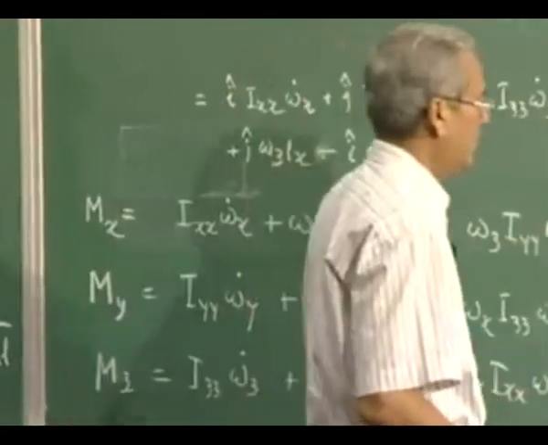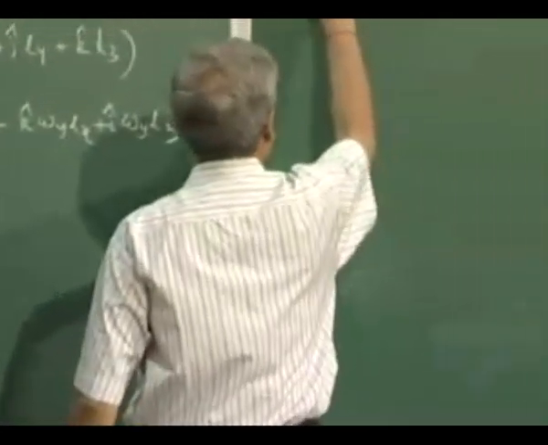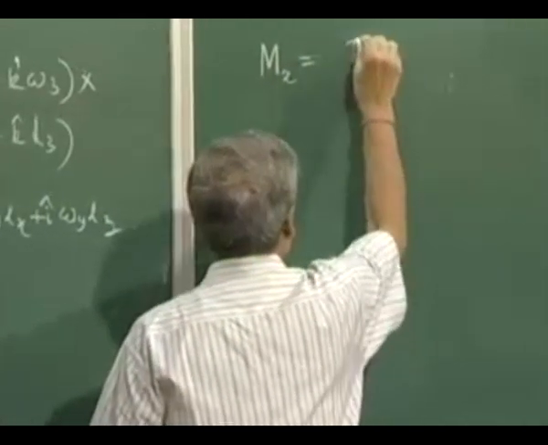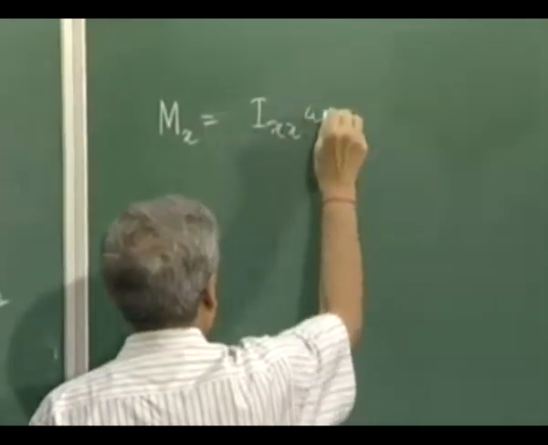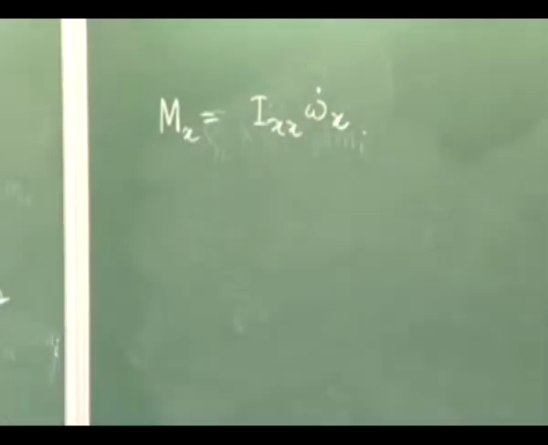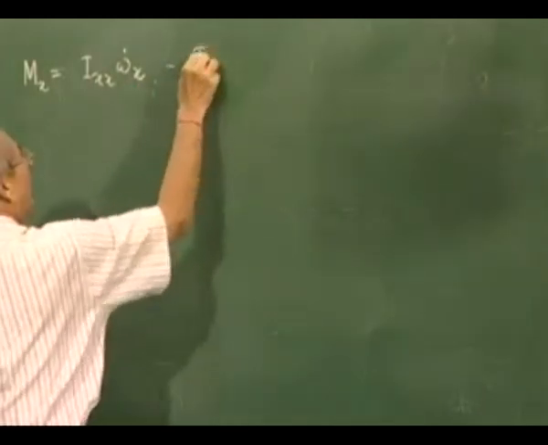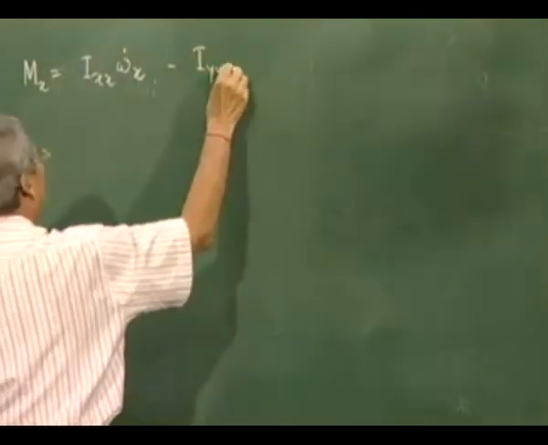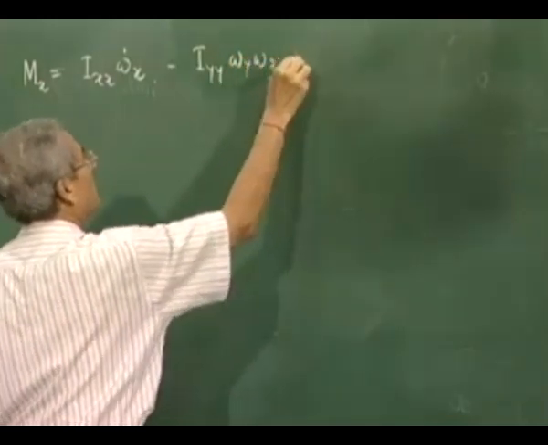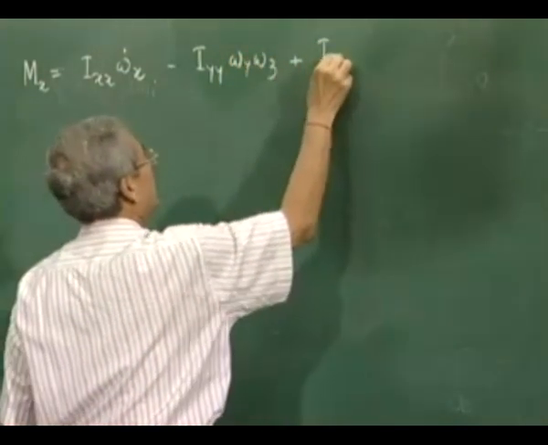So in a form we can remember, generally it is written like this: Ixx omega x dot. Here we can put this Iy minus Iz, omega y omega z.